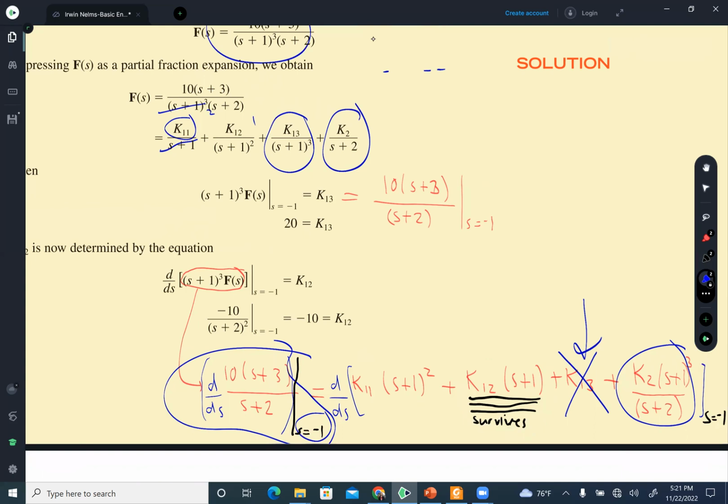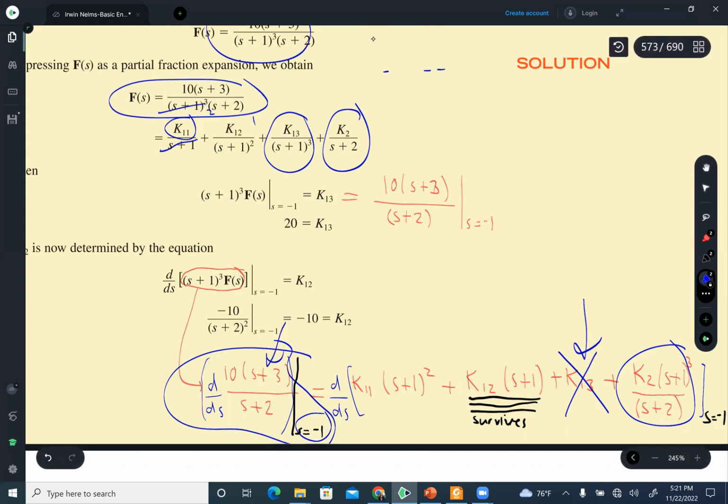You take this guy, multiply it by (s+1)^3, which gives you the red on the left-hand side here, which is what we did before. And then you do the same thing on the right-hand side, multiply it by (s+1)^3. So you're going to get a bunch of (s+1)s or some constants, right?